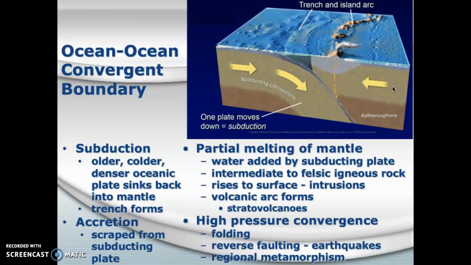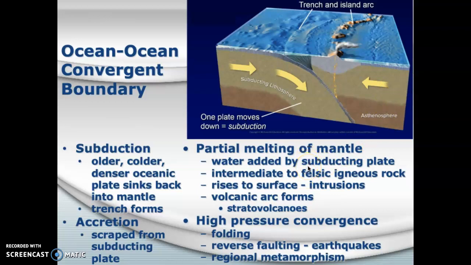Now, because the surface of the Earth is curved, the subduction zone tends to be curved as well. And so we refer to this row of volcanoes as a volcanic arc instead of a volcanic line, because when we look at it on a map, it is typically curved.